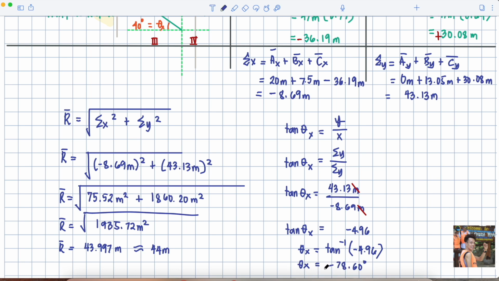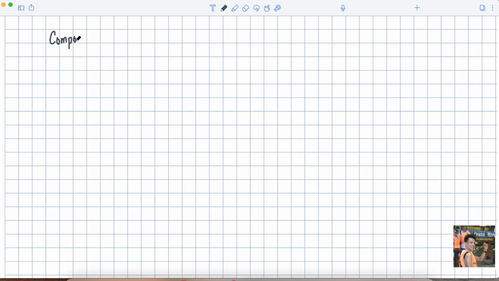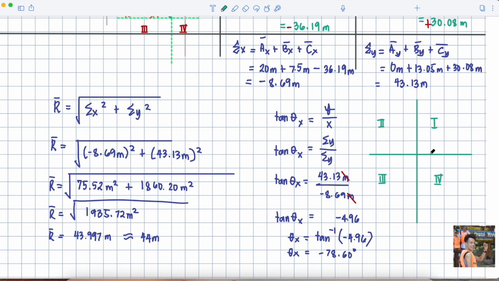In the Cartesian plane, where is negative 78.60 degrees? This is quadrant 1, quadrant 2, quadrant 3, and quadrant 4. Starting from quadrant 1 and rotating counterclockwise, the measurement of the angle is positive.